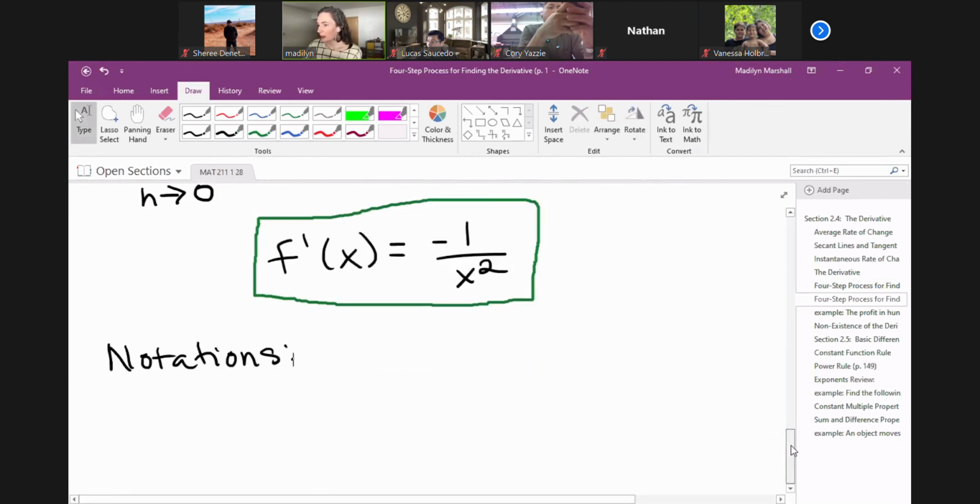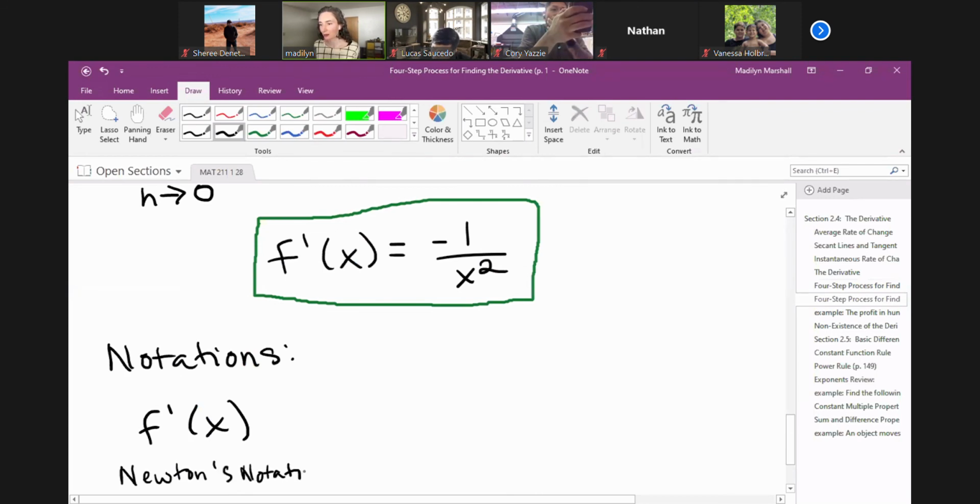I believe this is Newton's notation. Two people sort of discovered calculus around the same time, Newton and Leibniz, and the prime notation, I believe, was Newton's. I can't say exactly why he decided to do that.